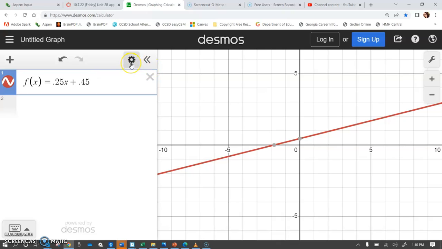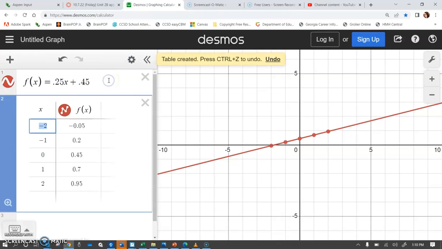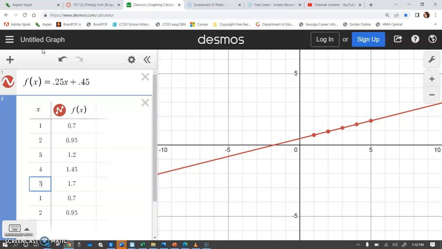If you go up here to the gear button, hit that, find the table, and so our domain values started at 1. They went 1, 2, 3, 4, and 5. Those were our domain values. So our range values are here.